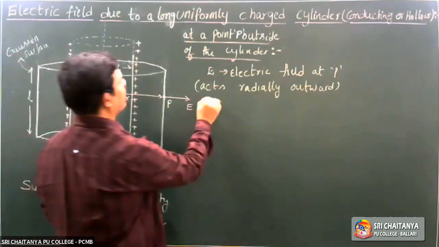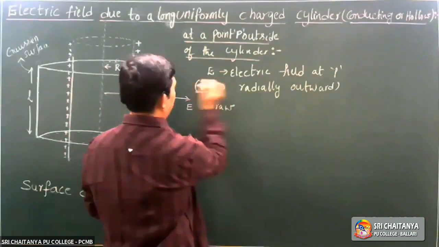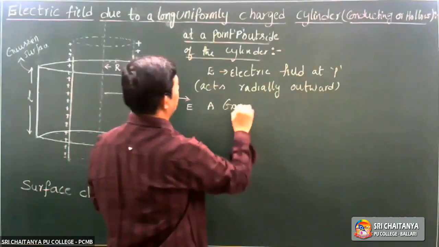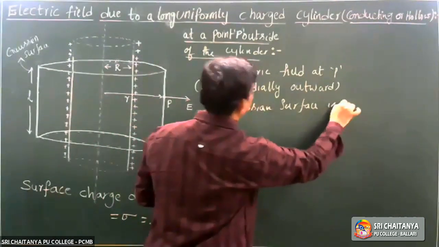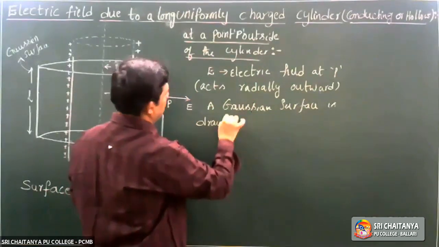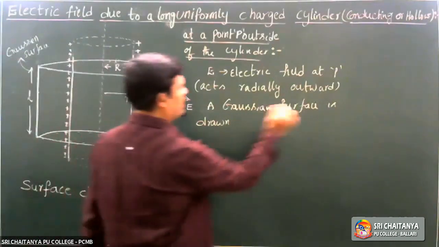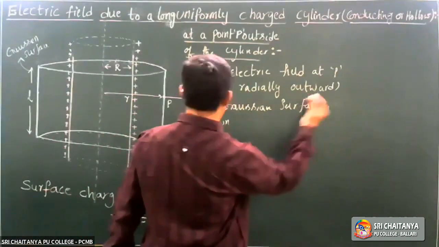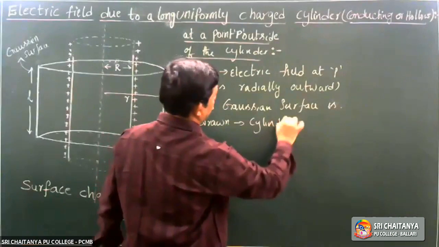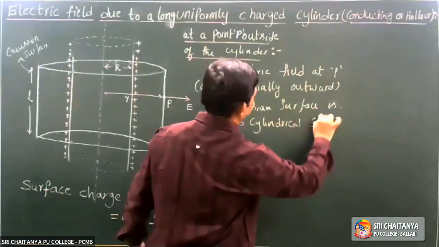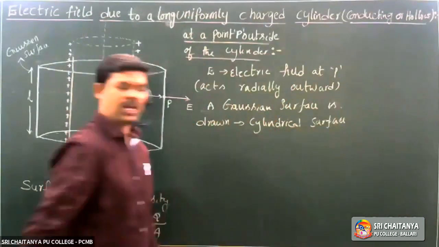Then what is the second step we follow? Draw a Gaussian surface. A Gaussian surface is drawn. What is the Gaussian surface? It is a cylindrical surface. Second step, okay.